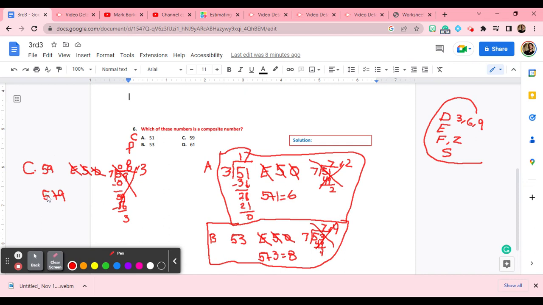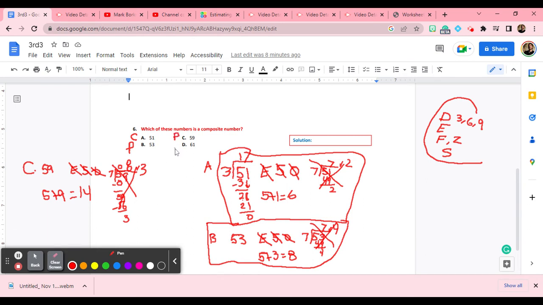So in this case, 5 plus 9 is 14, and we cannot divide 14 by 3, 6, or 9. Okay, it just doesn't work, not without remainders. So that means 59 is also prime.